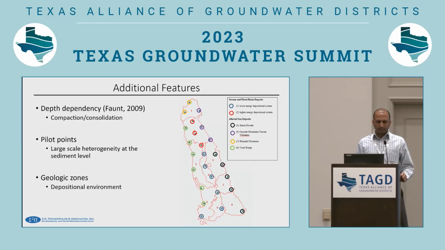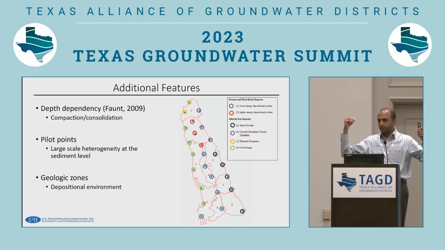The other aspect the tool does is, for example, you can have pilot points for large-scale heterogeneity. The figure we are seeing here is that of Sacramento Valley. It's a really large system. We'll see some more details on the next slide, but the main point here is for large-scale heterogeneity, clays everywhere are not the same. Sands everywhere are not the same.